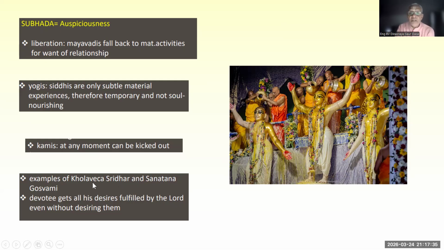Now, this is a pastime which I will mention briefly. Sridhar used to sell all these products of the banana plant. Then Chaitanya Mahaprabhu would come to him and ask for some items, and of the price quoted, he would pay just half, 50 percent of it. Then there would be an argument between Sridhar Prabhu and Chaitanya Mahaprabhu.